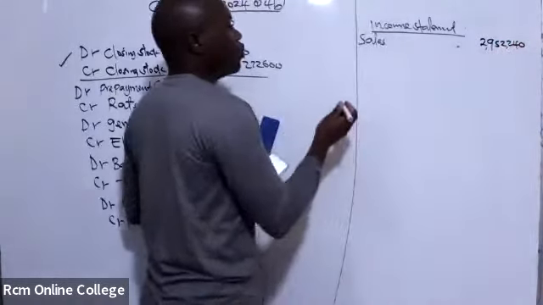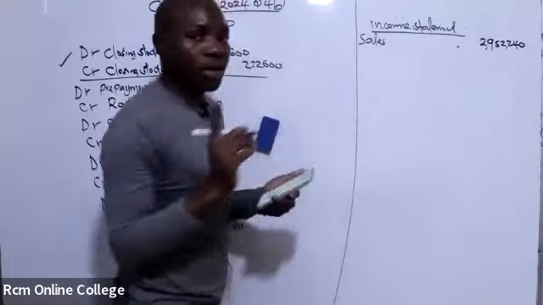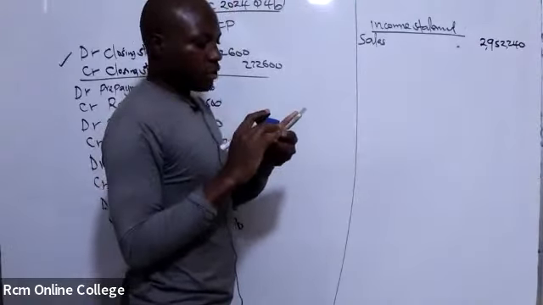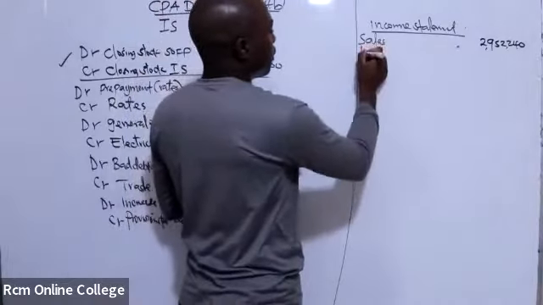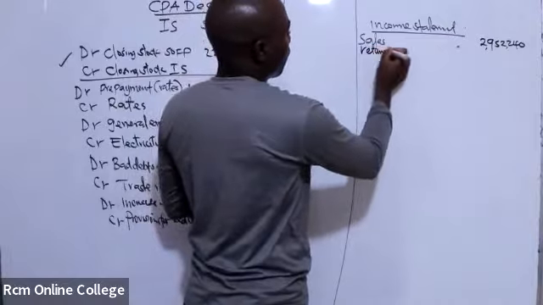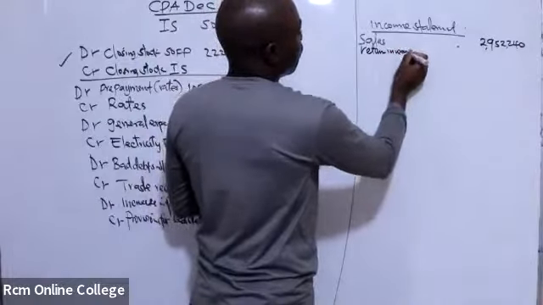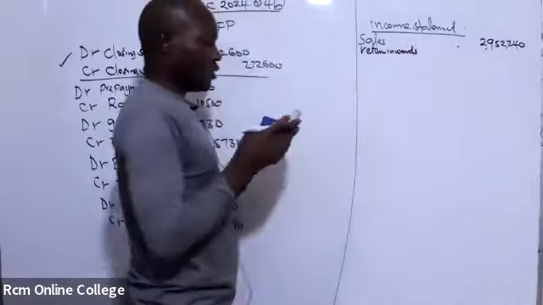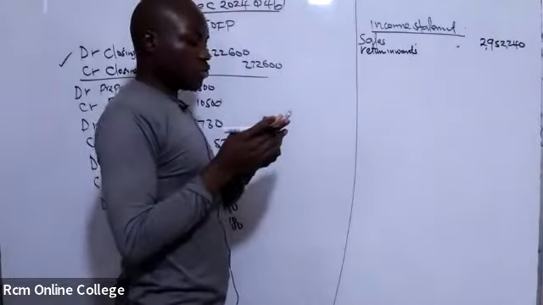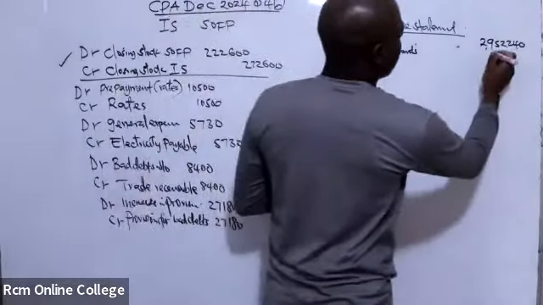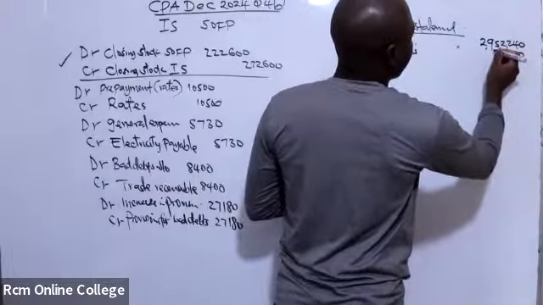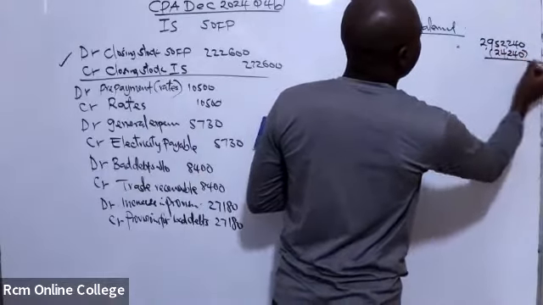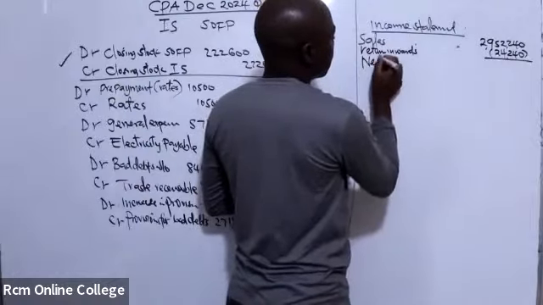To the sales, do we have return inwards? Return inwards will be affecting our sales. I can see return inwards are there. So return inwards reduces the sales. Return inwards is equal to 24 to 40. So when we less the return inwards, it gives us net sales.